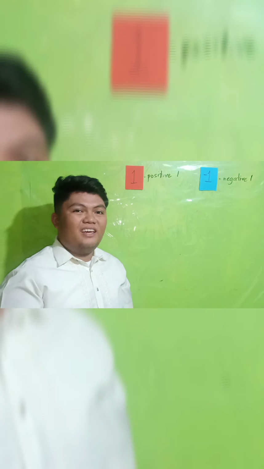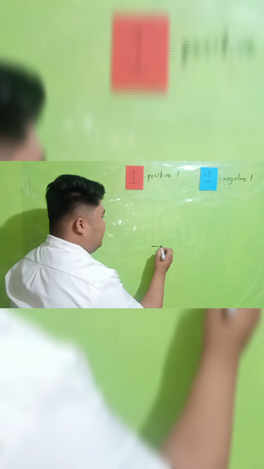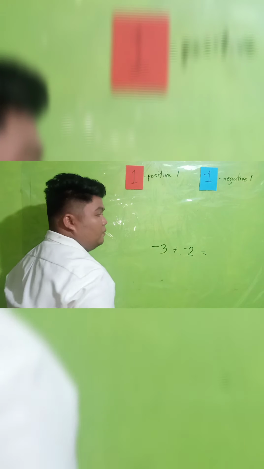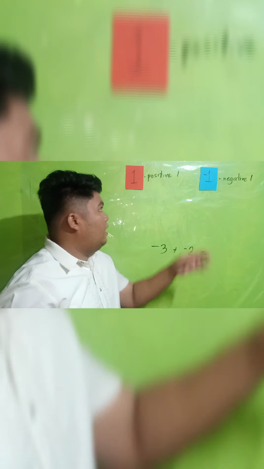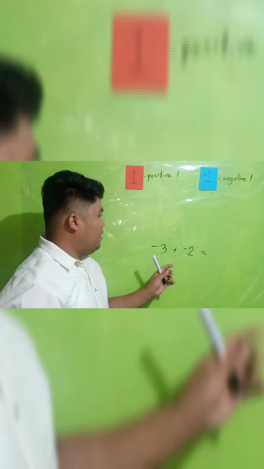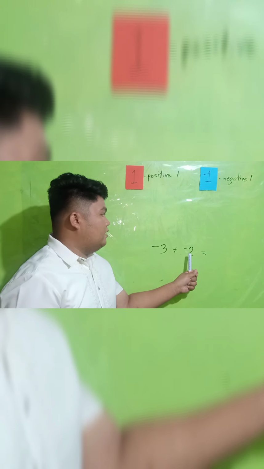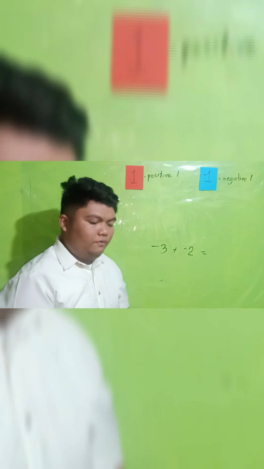Next, we have to add integers with the same negative signs. So let's try to add negative 3 plus negative 2. So negative is a blue tile. So we have 3 negative tiles and another 2 negative tiles.